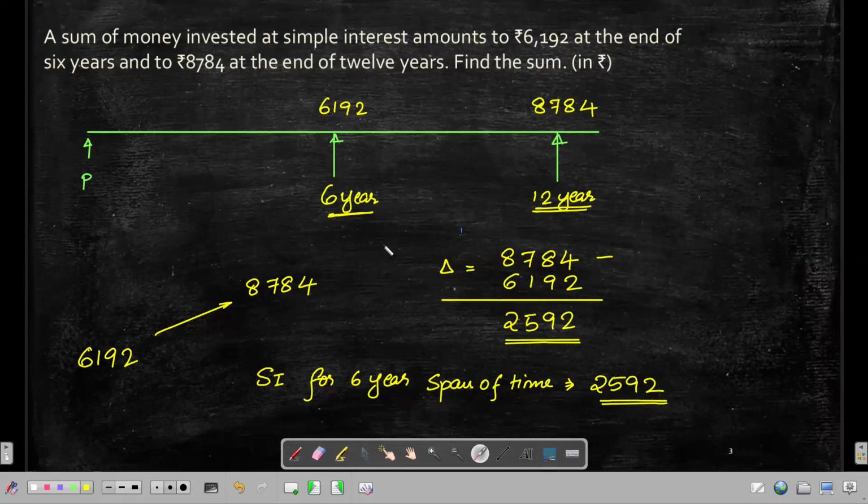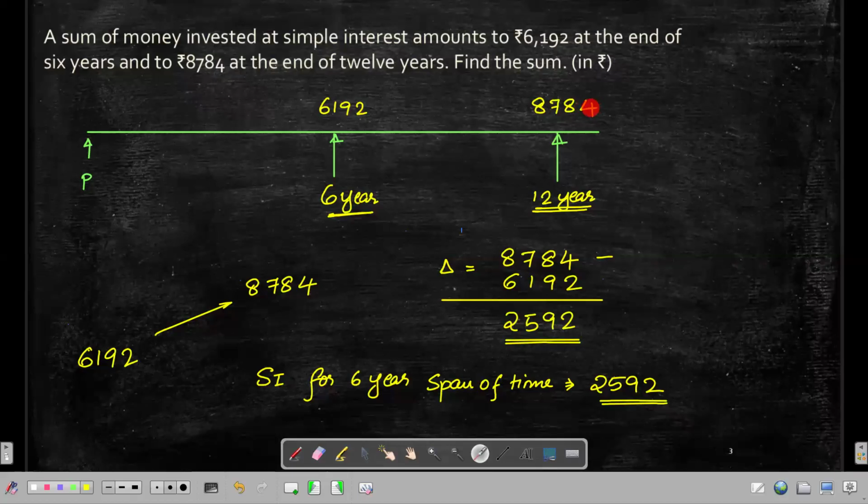So, considering 6192 as the principal amount, in 6 years, accumulating 2,592 as the interest, when you do 6192 plus 2592, you can say it becomes 8784.